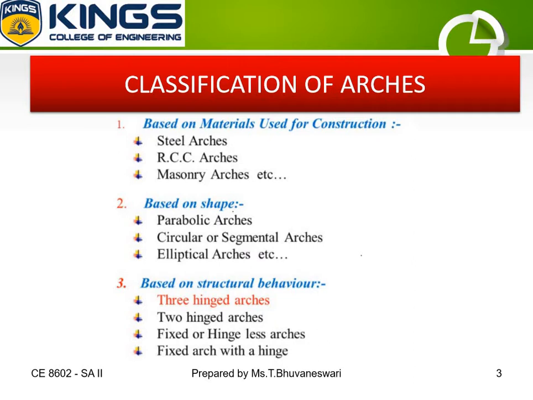Based on the shape, it can be classified as parabolic arch, circular or segmental arch, elliptical arch, polygonal, or any other curved shape. And based on the structural behavior, it is classified as three-hinged arches, two-hinged arches, fixed or hingeless arches, and fixed arch with a hinge.